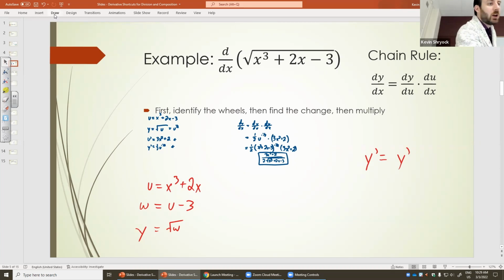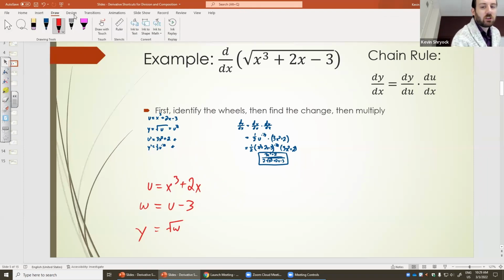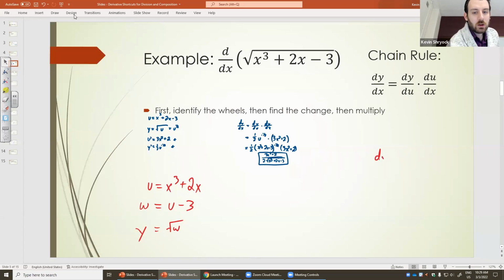This is why we use that sparingly and sometimes prefer the Leibniz notation of saying dy over dx is equal to dy as dw changed times dw as du changed times du as dx changed. And again, we can see that those du's would have canceled, the dw's would have canceled, and I've got that same ratio relationship we would have expected.